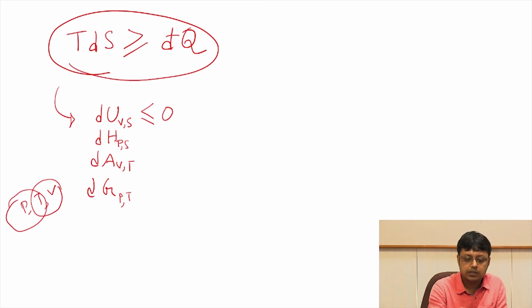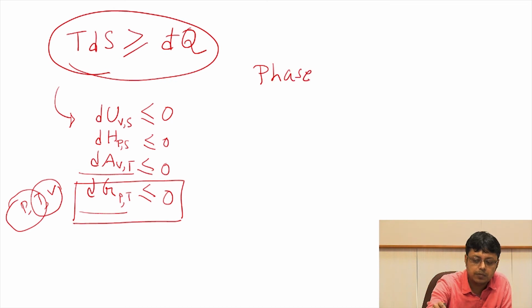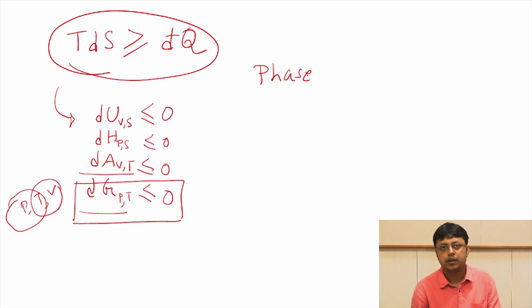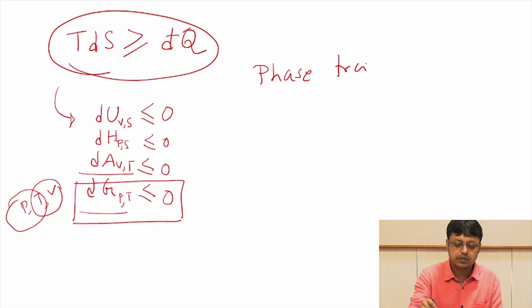So the natural quantity to look at is either dA or dG, and we argued that in most cases we keep the pressure constant, which means this is the most useful relationship which we will be using. Now in the next lecture we'll build up from our discussion on this aspect, and then we'll be talking about phase transition.